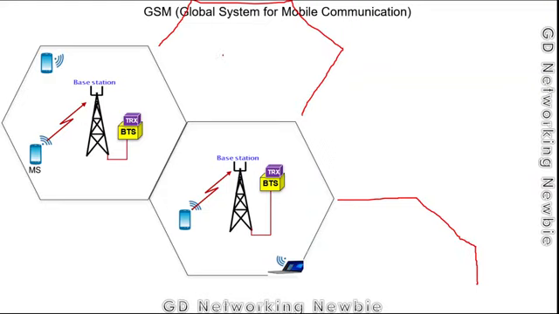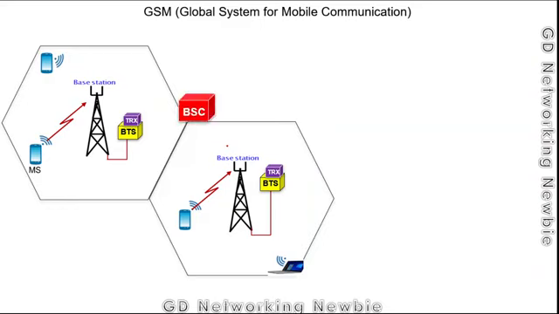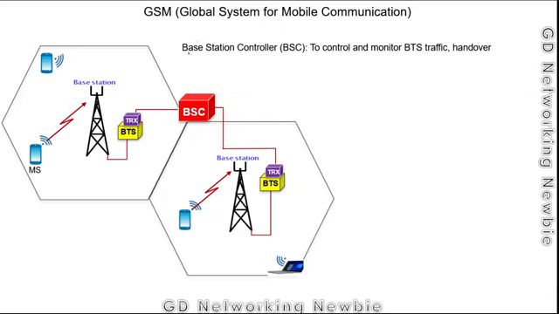Now if we have multiple BTSs here, then we also have an entity that we call the base station controller, or BSC. The BSC is here to coordinate the communication between these different BTSs, between these towers. So that's the base station controller.